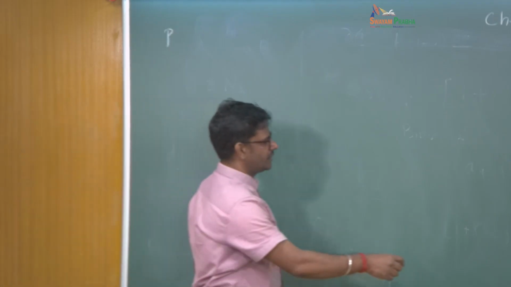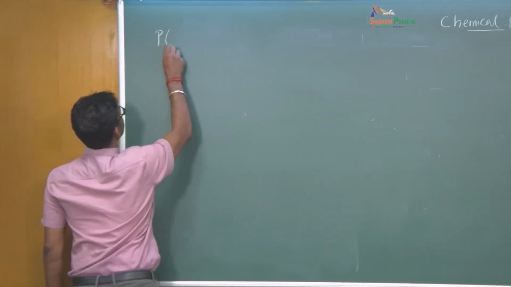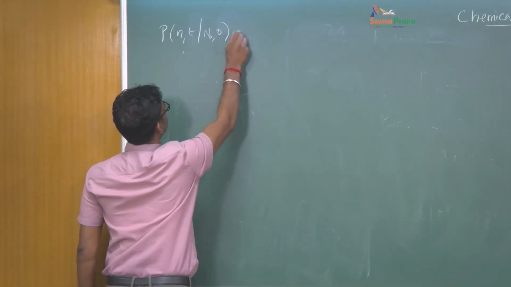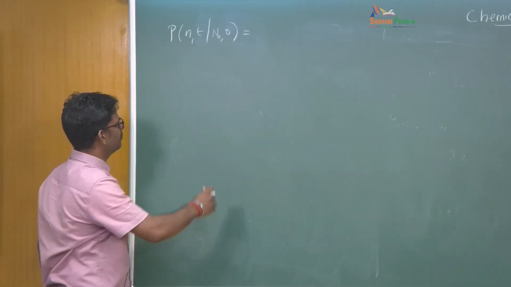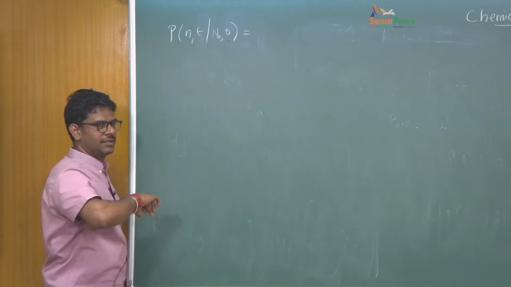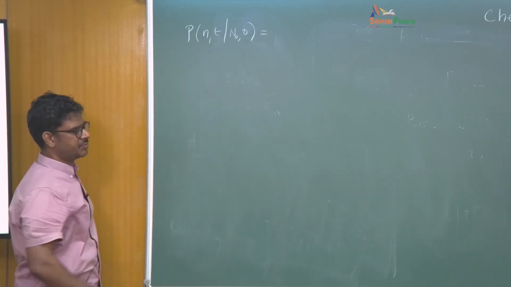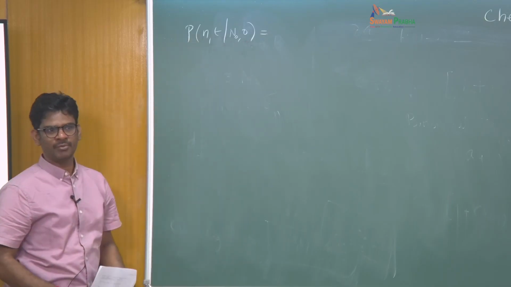So even though we wrote this as p of n comma t, remember this is also a conditional probability, conditioned on the initial condition, that is n naught comma 0. We should be writing it in this form, but for brevity we drop these extra terms. What it means is that the expression is valid only for an initial condition at time t equal to 0, where there is n0 number of A molecules.